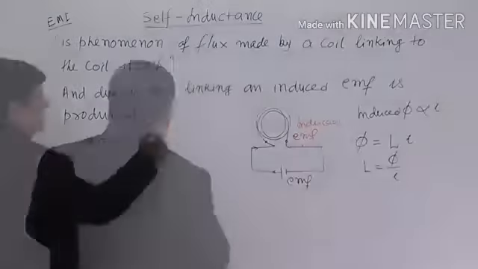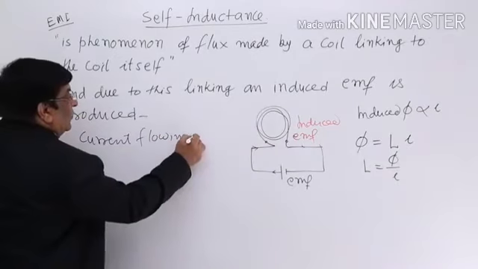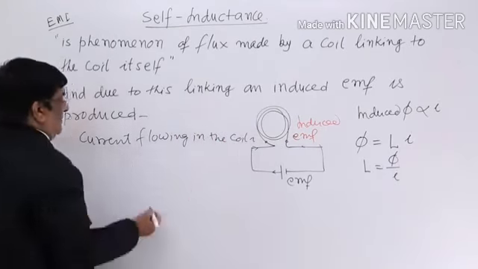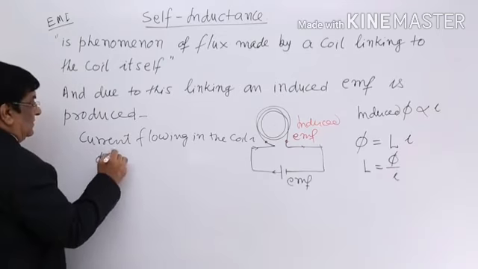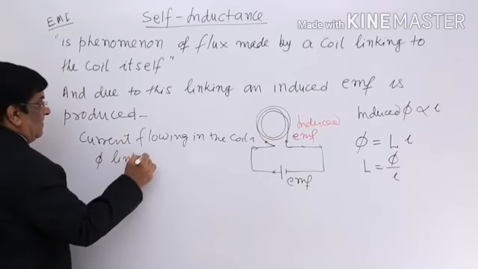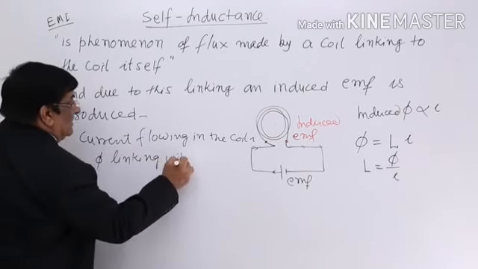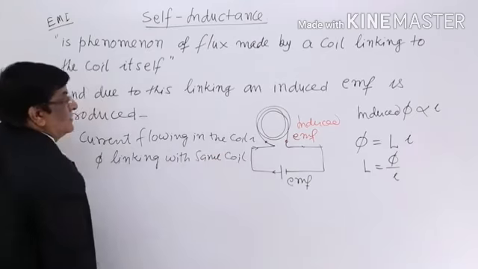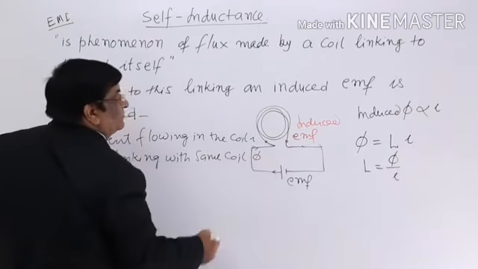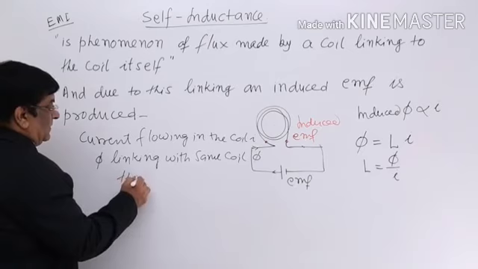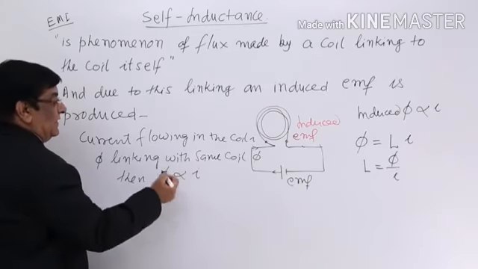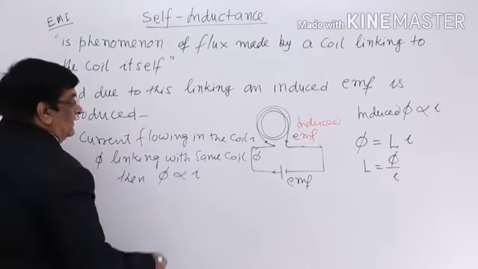So I will write it: current flowing in the coil, I, flux linking with the same coil, phi. Then phi is proportional to current. More is the current, more is the flux linked.